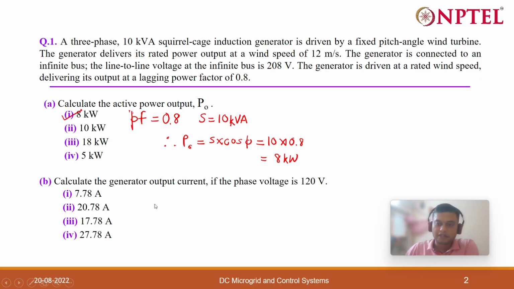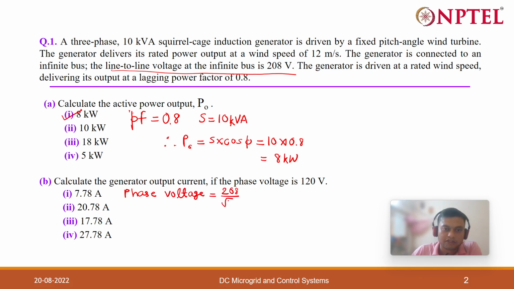You can try solving this question parallelly with me. What we have given here, I mentioned this phase voltage. Otherwise you can also find this phase voltage from the line voltage, that is given as 208 volt. Phase voltage is equal to 208 divided by root 3, that is 120 volt.